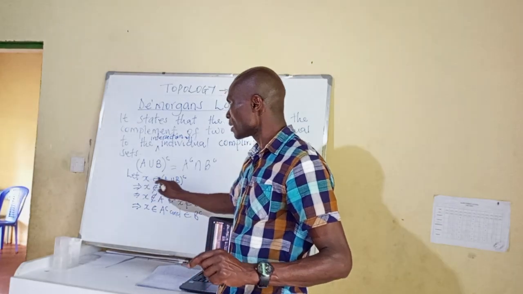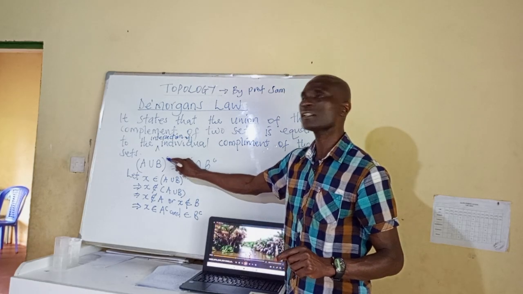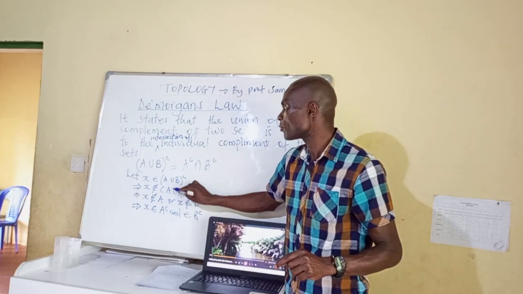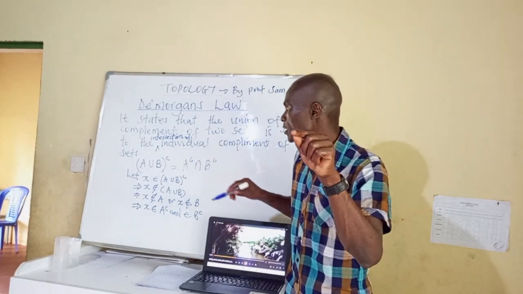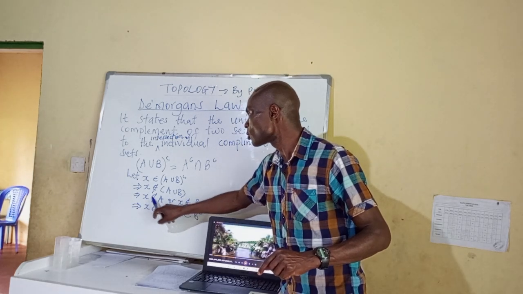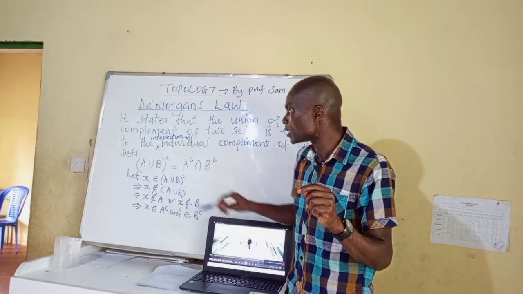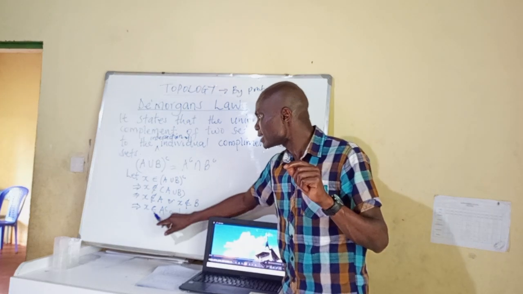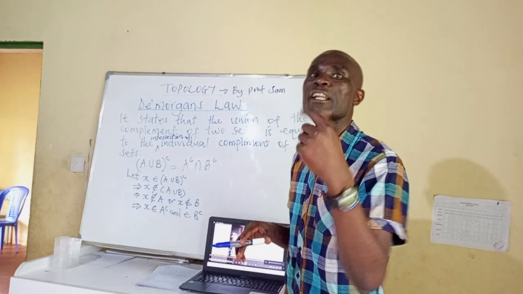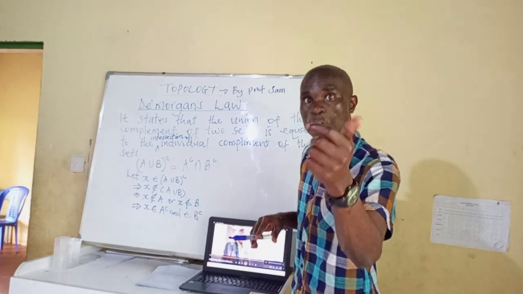We say let x be an element of A union B complement, but x is not an element of A union B without the complement. Then we say therefore x is not an element of A, or x is not an element of B. And what does that mean? It means x is an element of A complement, because if it is not an element of A, then it is an element of A complement. And it is also an element of B complement.